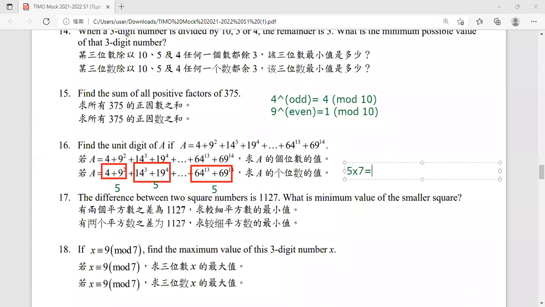You have 7 pairs. So it ends up with 5, 7 pairs only. So the ending is 5. Just that. Yeah, 7 pairs.